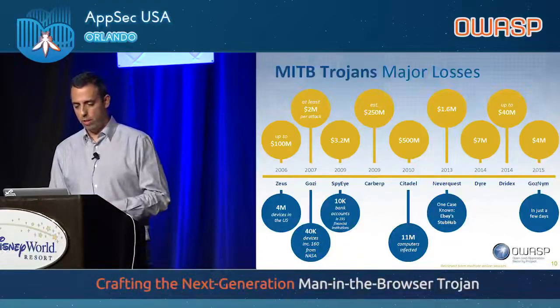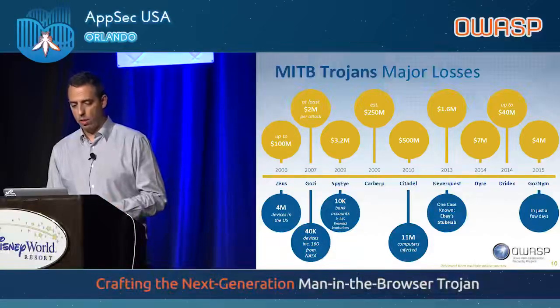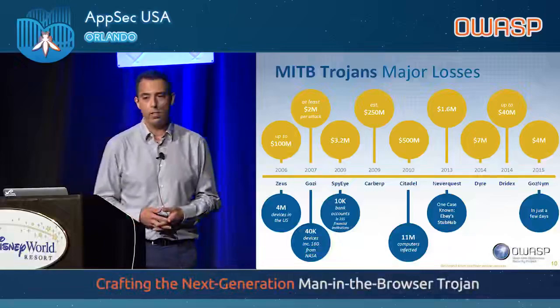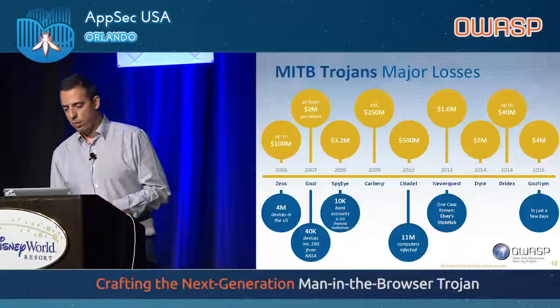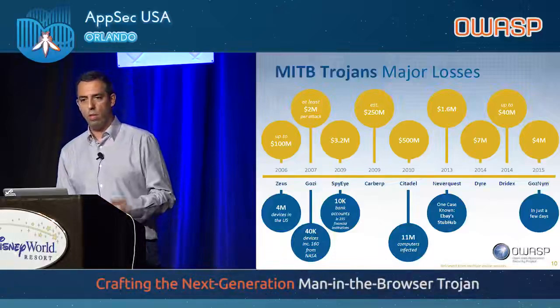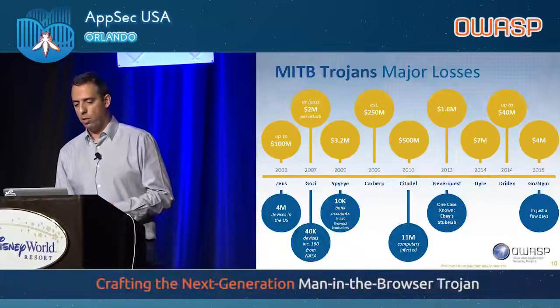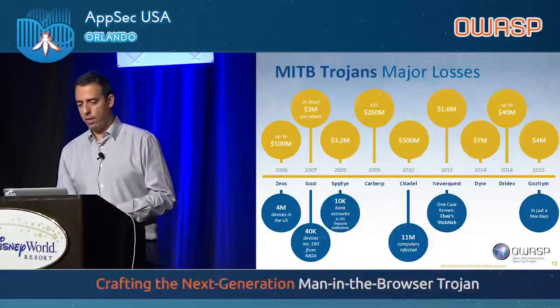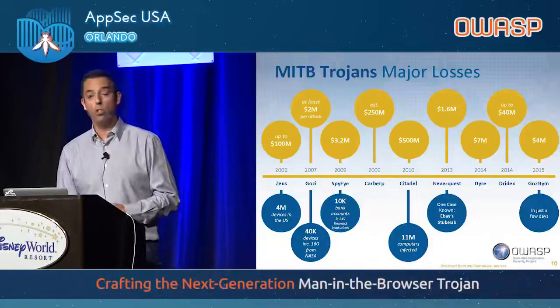I can give you a couple of examples. For instance, Gozi was able to penetrate 160 devices at NASA. And Citadel alone was able to steal around $500 million. So this is really a very concerning problem that I think we should pay more attention to.